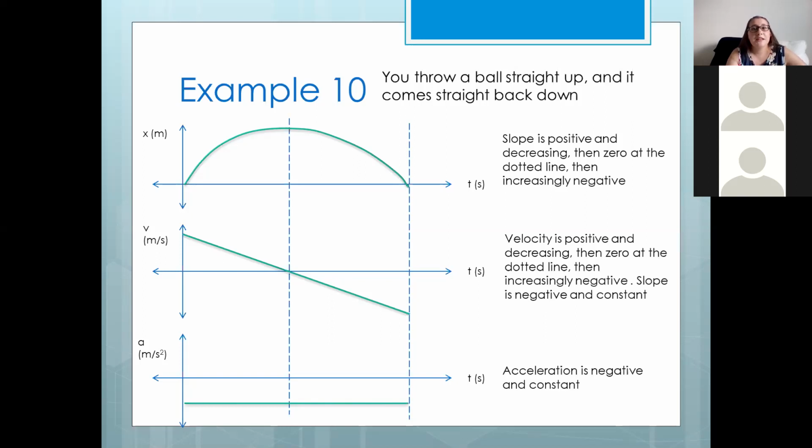Now, if you've taken physics before, then you might know what that acceleration actually is. If you know what that acceleration is, go ahead and type it in the chat. Good, yeah. G, negative 9.8, negative 9.81 meters per second. Thanks for adding in your units there.